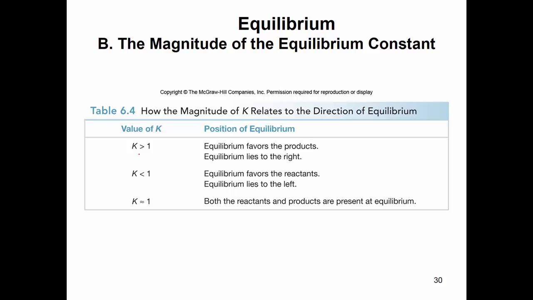So K is equal to product concentration over reactant concentration, and these are raised to the power of the coefficients. I just put P and R there for coefficients of products and coefficients of reactants.